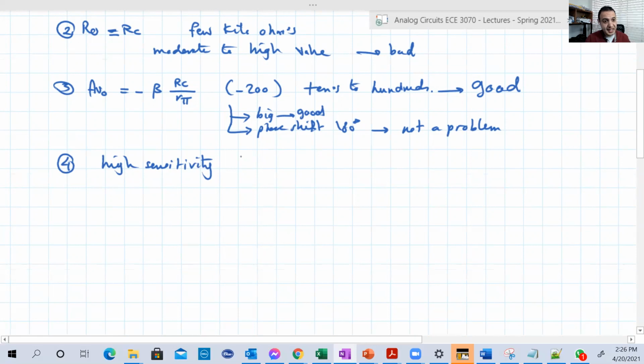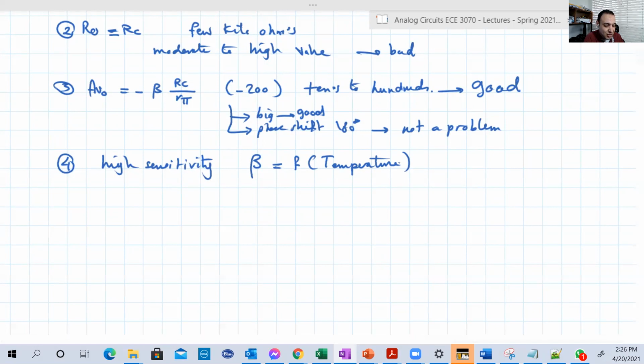So basically, the problem is that beta is a function of temperature, a strong function of temperature. And this has two problems. The first one is, remember when we do the DC analysis, when we calculate IC is equal to beta IB.